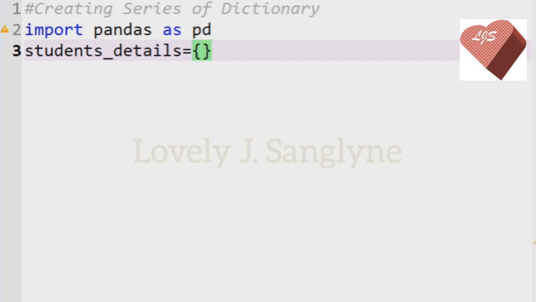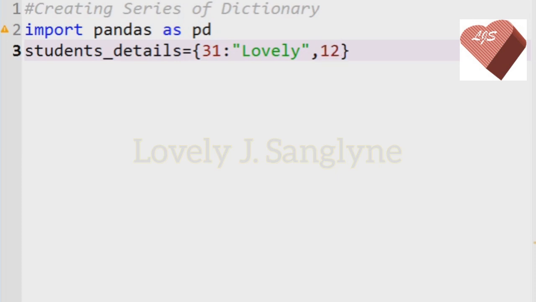So here let us write the key value pairs for this dictionary. I'll just assume any roll numbers and any names. Here we have the first pair of elements, the key which is a number, and the value which we are taking as a string.